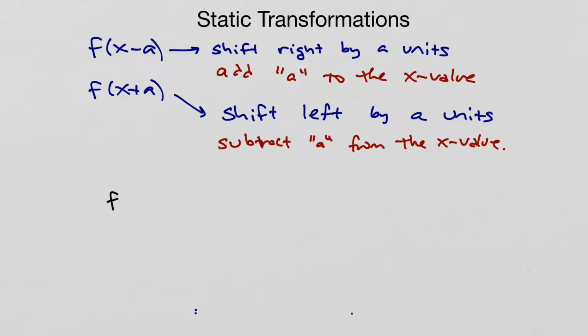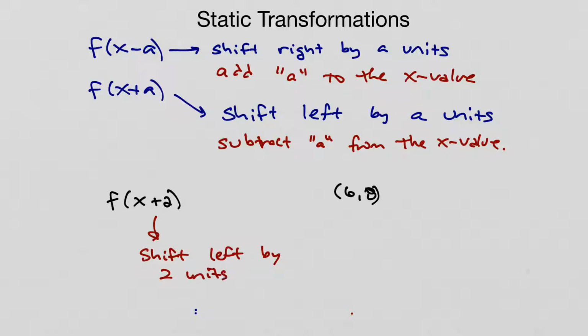Similarly, if I had the function f of x plus 2, and I was using that point 6, 8 to begin with again, then what this x plus 2 will do is it will shift the point left by 2 units. So this point 6, 8 will get moved to the point 4, 8.